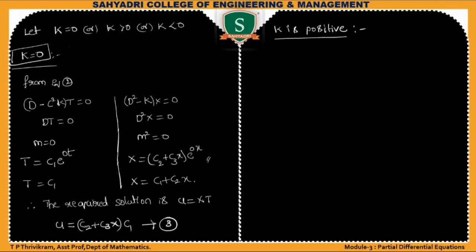We need to replace k with p square, where p is some integer. If you take the square of it, this number is always positive, right? So I have taken p as some integer such that p square must be positive always.